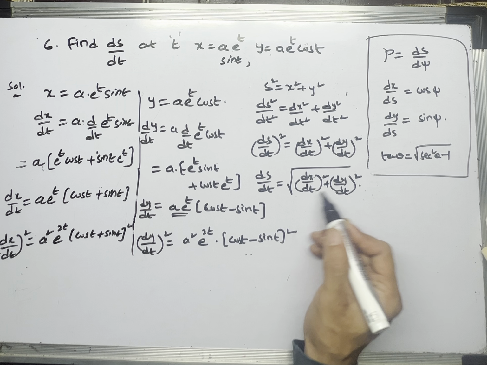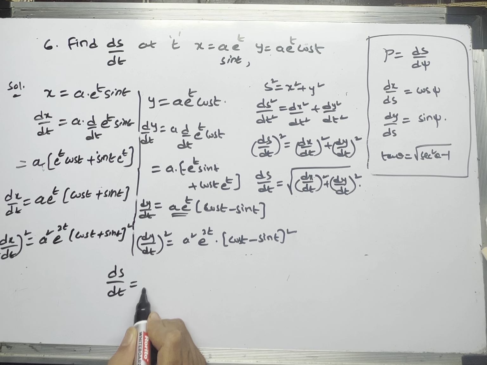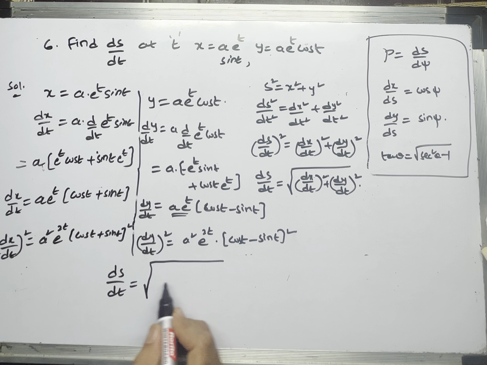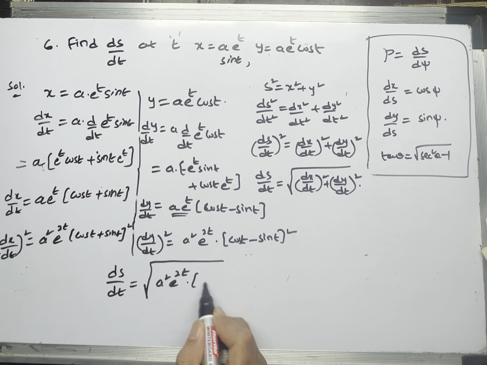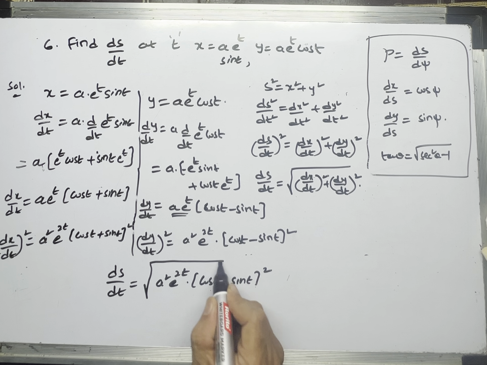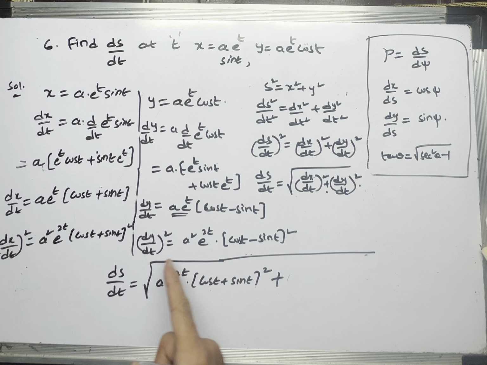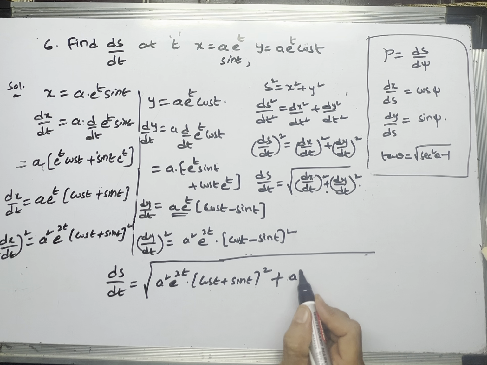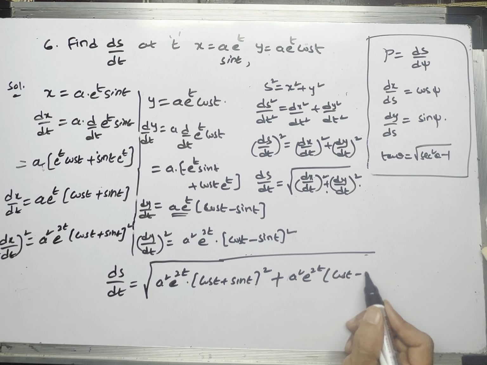Before that we'll add and write, or you can write this ds by dt equals square root of the first one's square value, whatever you got, e power 2t into cos t plus sin t whole square, then plus dy by dt whole square, this value, a square e power 2t cos t minus sin t whole square.